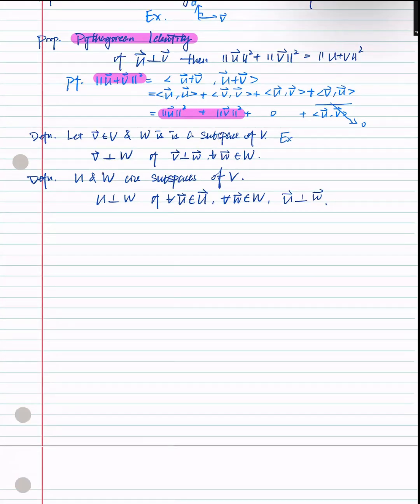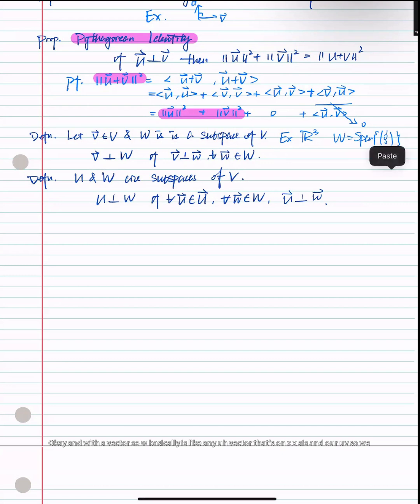If we are in R3, W can be the span of, for example, (1, 0, 0). So W basically is any vector on the x-axis.